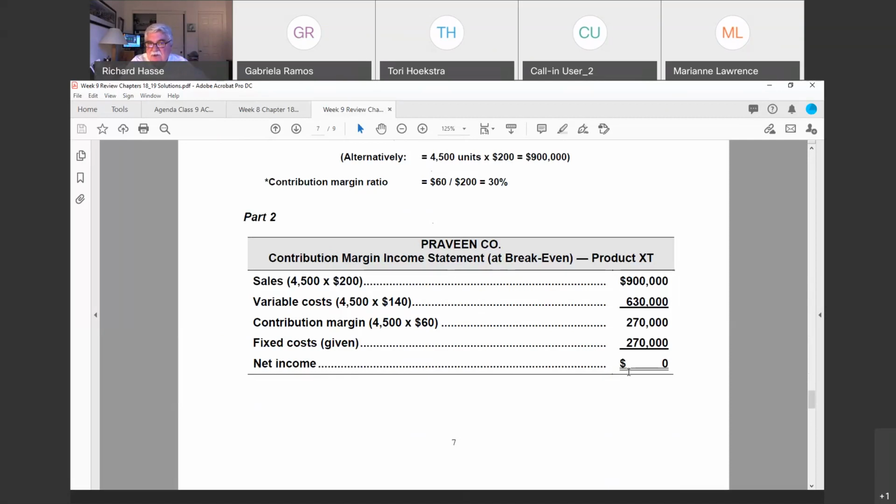That's our contribution margin, the difference between variable cost and the selling price, $60, because we've now covered all our fixed costs. So if we sell one more unit above 4,500, our contribution margin becomes our profit margin. Write that down. When we sell one more unit above our break-even point, our contribution margin becomes our profit margin.